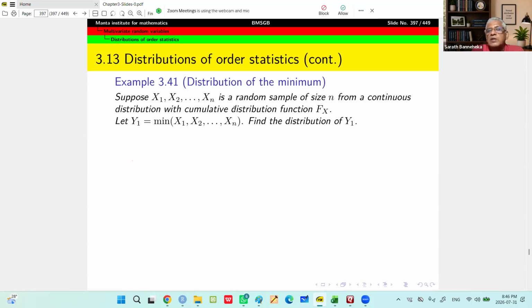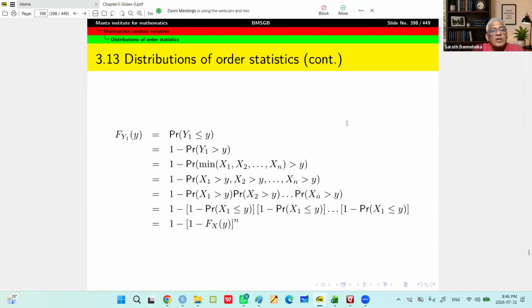Otherwise, we can get the PMF from the CDF in the case of a discrete Y. So let's say capital F subscript Y1 evaluated at some value y is the cumulative distribution function of Y1 evaluated at y. By definition, this is the probability that Y1 is less than or equal to y.